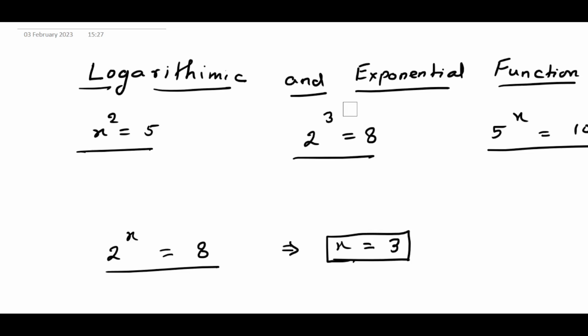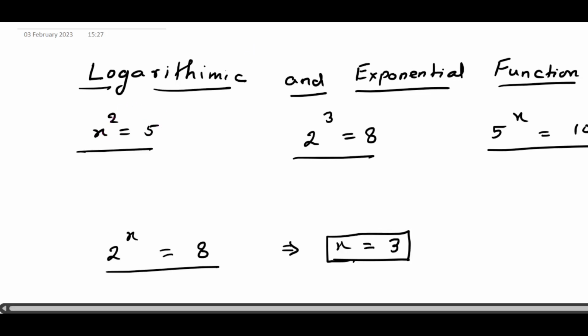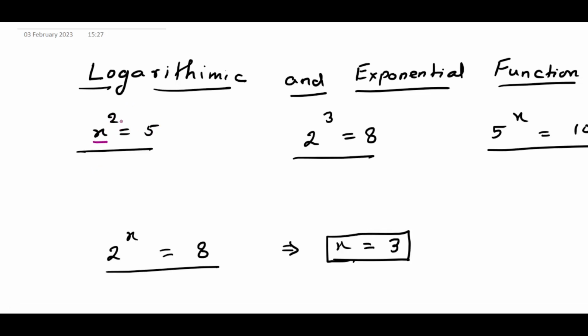Now, let us understand how we represent the logarithmic function. To understand this, we first understand in exponential function what is our base. Here in the first example, x square equal to 5, my base is x and my exponent or power is 2, and 5 is its value.